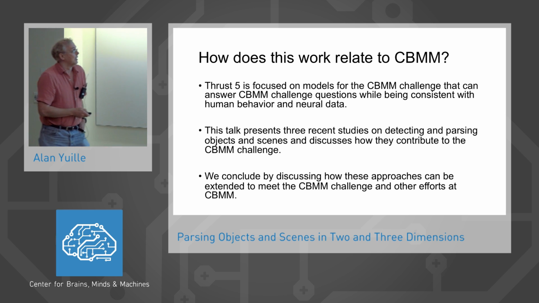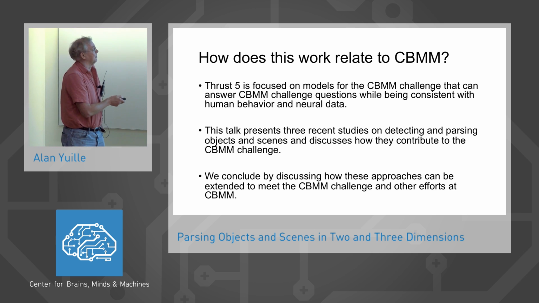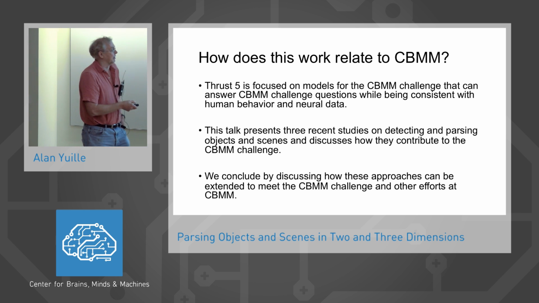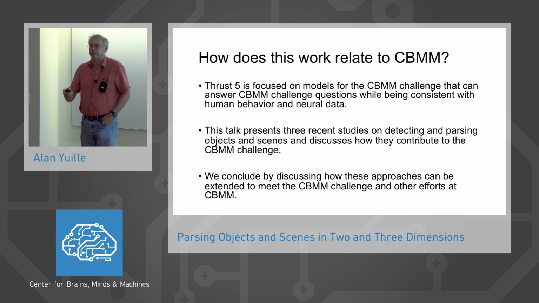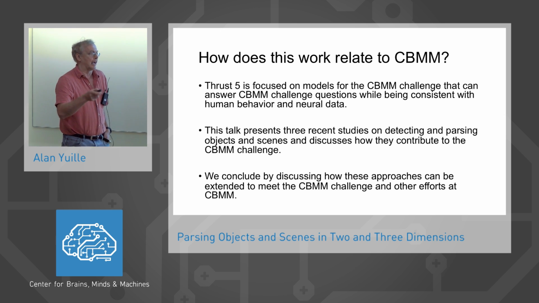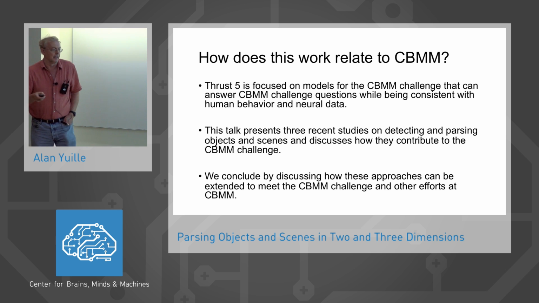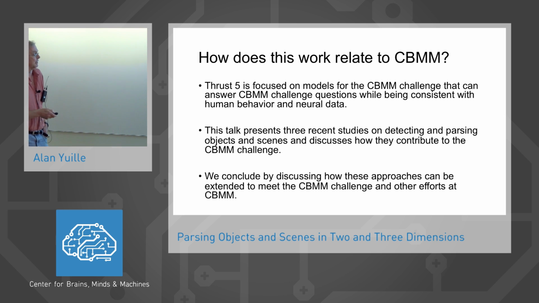So where does it relate to CBMM? It perhaps relates to thrust 5, the issue about having models that can answer challenge questions, particularly the idea of visual Turing tests. The idea of having computer vision systems that would work at the level of human performance and could be motivated by findings of studies of neurons and psychophysical tests.